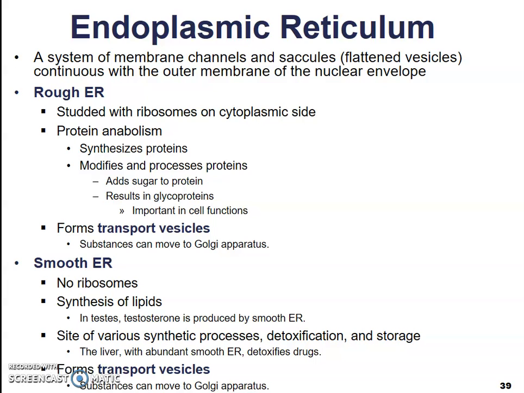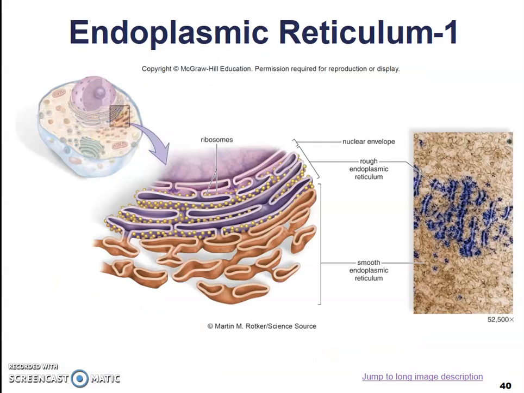They're the site of various synthetic processes, detoxification and storage. The liver, with abundant smooth ER, also detoxifies drugs. The smooth ER also forms transport vesicles that can take those lipids and move them to the Golgi apparatus.